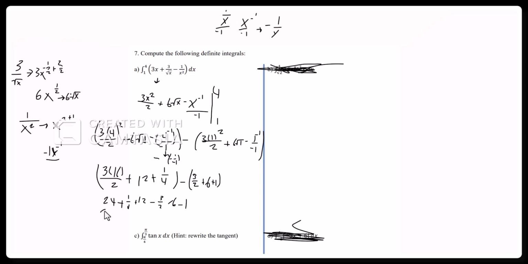This is going to be simplified to 29 plus 1/4 minus 3 over 2. We're going to make this into factors of 4.